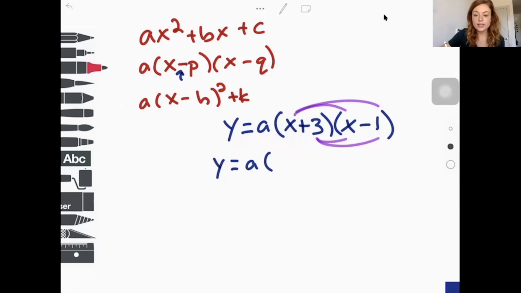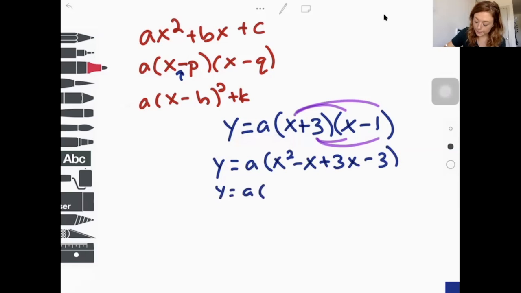So it's got x times x is x squared. x times -1 is negative x. 3 times x is positive 3x. 3 times -1 is -3. And so I'm going to simplify inside the parentheses. Negative x plus 3x is positive 2x. And then we're left with -3.